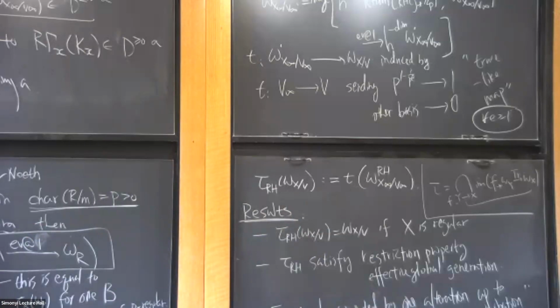You mentioned rational singularities in characteristic 0, and F-rational in characteristic P. In mixed characteristic, we call it BCM rational, but we just define it to be the class of rings such that this is equal to omega R. I don't know a good characterization in terms of other invariants.